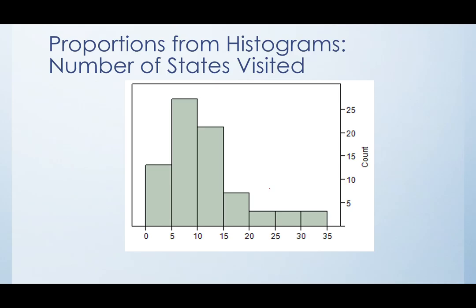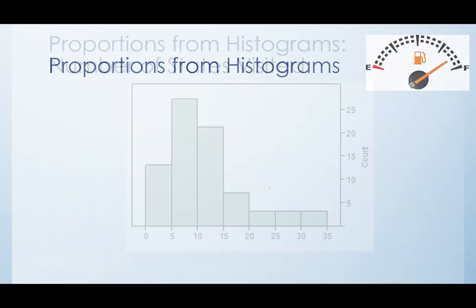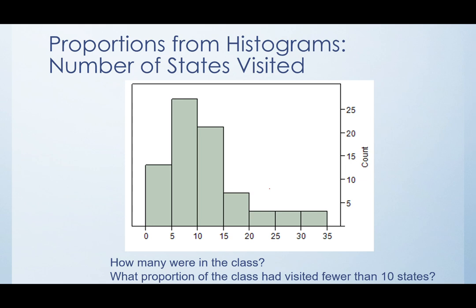We've got an example here from a prior semester. This is the number of states visited, and how many were in the class. Here we've got to do our best estimate. It's a little more than halfway, so we're going to call this 3. This one I'm going to call 7.